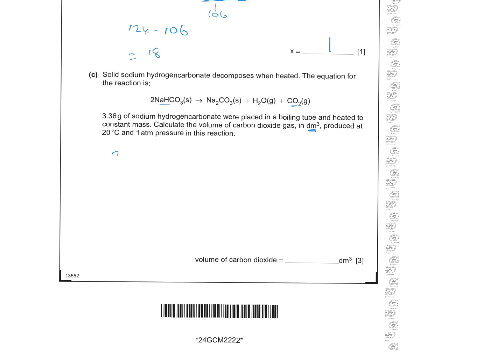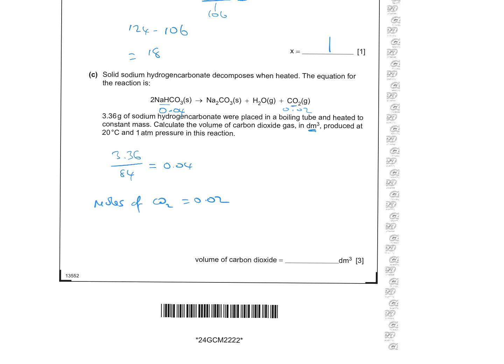So that's going to be 3.36 over 84. That's 0.04. So 0.04 moles. We can then use the balance of numbers in the equation to look at the ratio. So 2 to 1. That means we're going to have half the number of moles of carbon dioxide. That'll be 0.02.